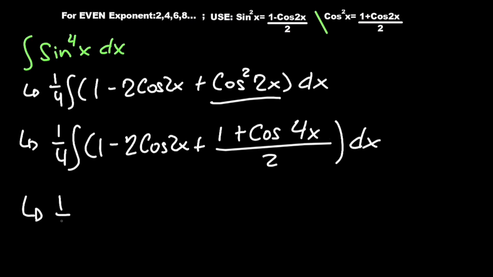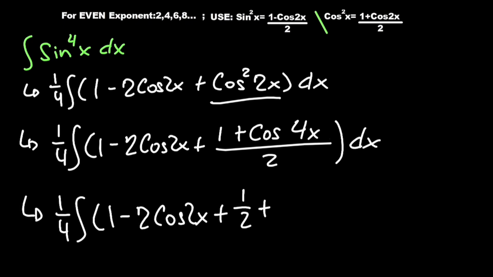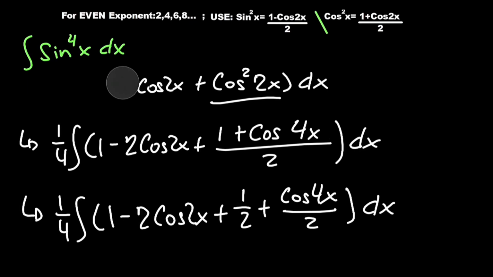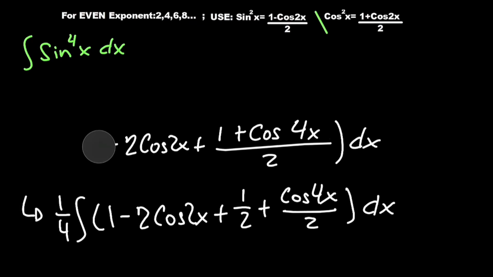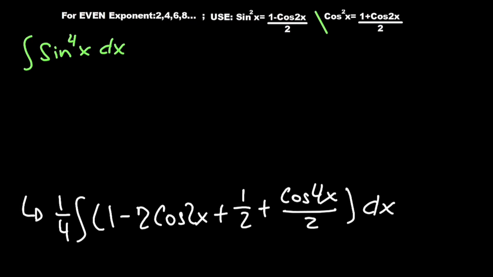We can rewrite this as 1/4 the integral of 1 minus 2 cosine of 2x plus 1/2 plus cosine of 4x over 2 dx. And so, we can add 1 and 1/2 together. One plus 1/2 would be equal to 3 over 2.